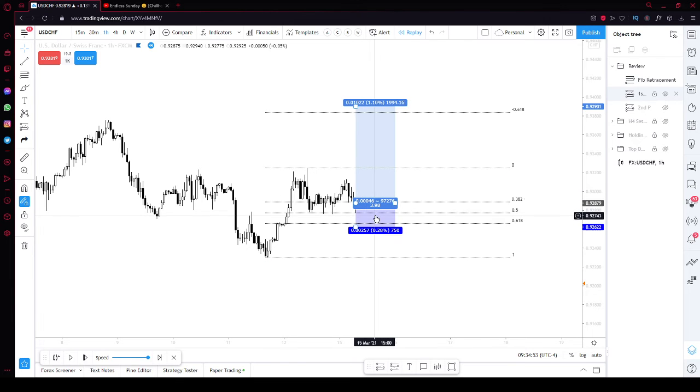If it goes halfway to my stop loss, typically at that point I'm going to be closing, because I know based off my stats that a majority of my winners don't have more than a 40-45% drawdown toward my stop loss. So at about the 50, I have a rule: if price scales down 50%, I go ahead and get out of the trade.